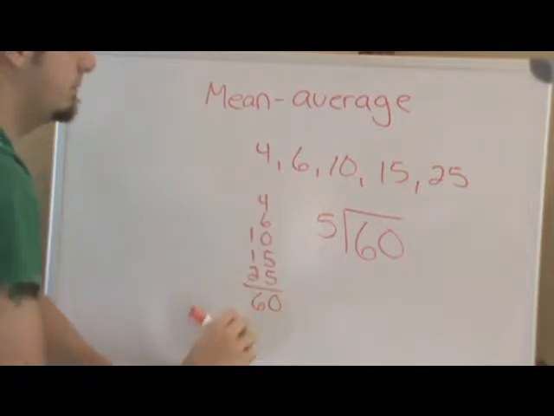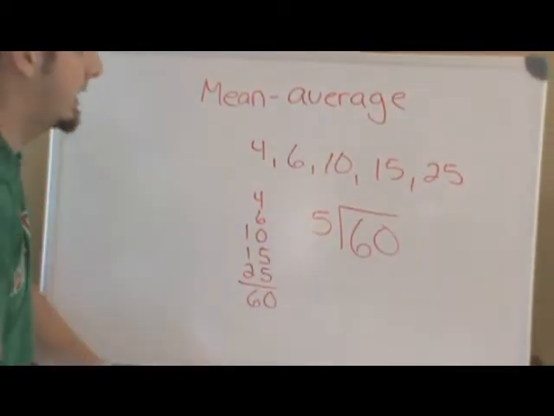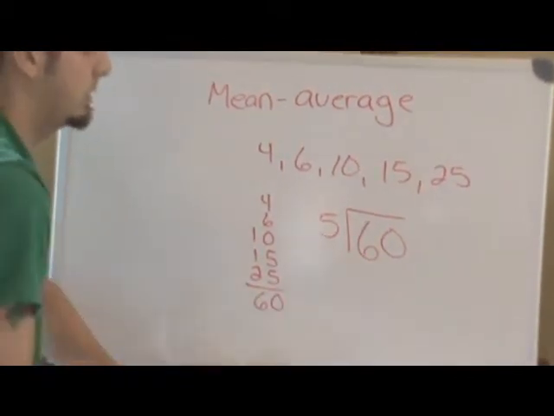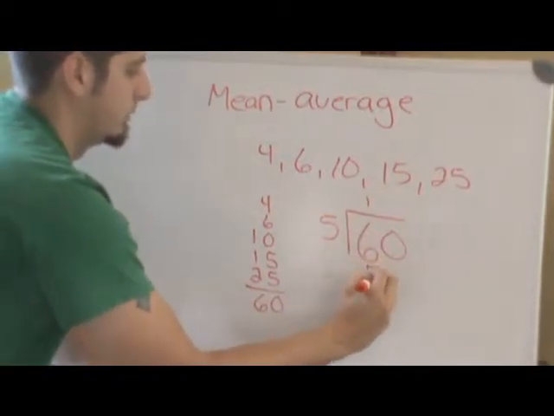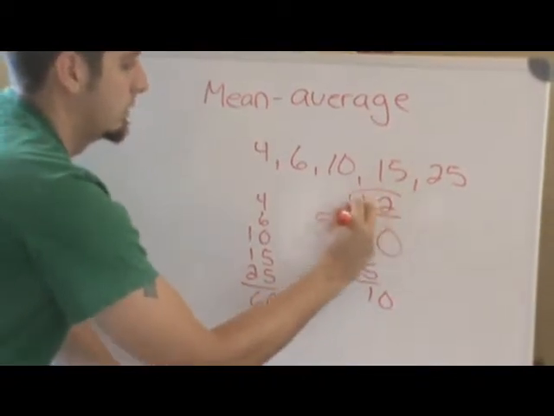So I'm taking the sum of my numbers and dividing it by the total number of numbers that I added up. So I have 5 numbers that add up to 60, so I'm going to take that 60 and divide it by 5. And you get an average of 12.